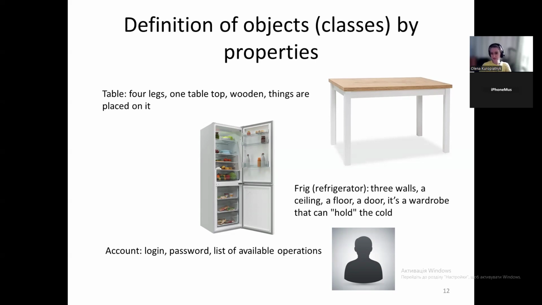And in this slide, you can see the example of definition of objects or classes by properties. Look, it's a very simple object here. It's a table. And every table has 4 legs and one tabletop. It's wooden. And other things are placed on it. Okay, we have some properties. Legs, tabletop, wooden are static properties.